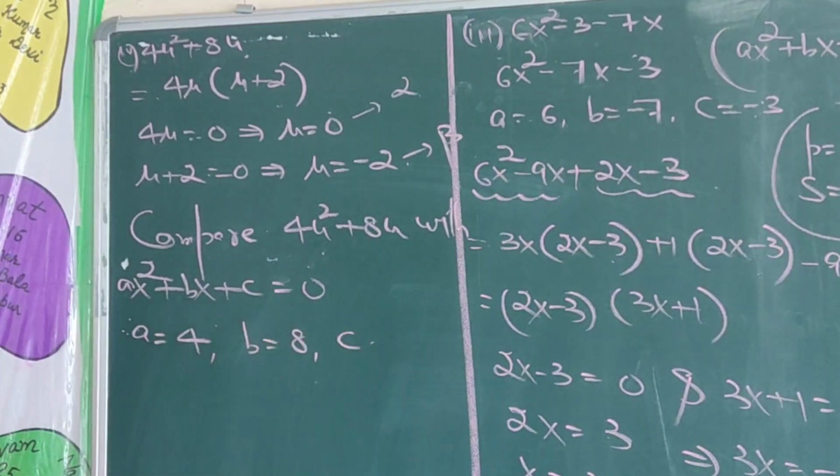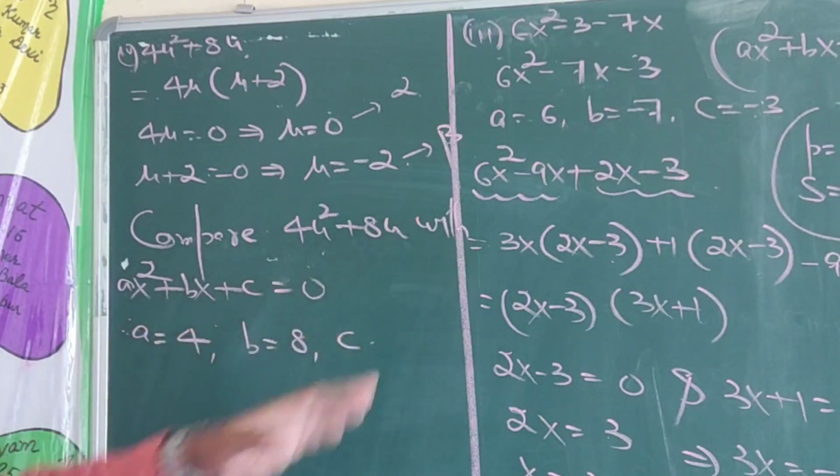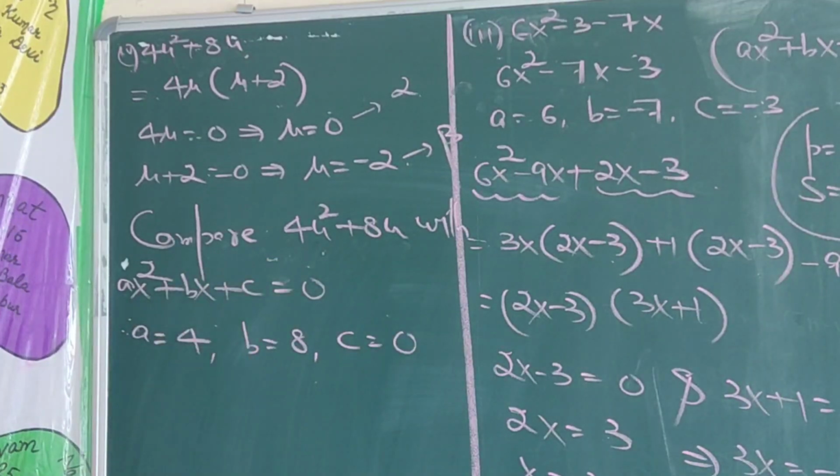And c means the constant term, which is the term independent of the variable. Here the constant term is not present, so it is equal to 0. So we can say that here c is 0.